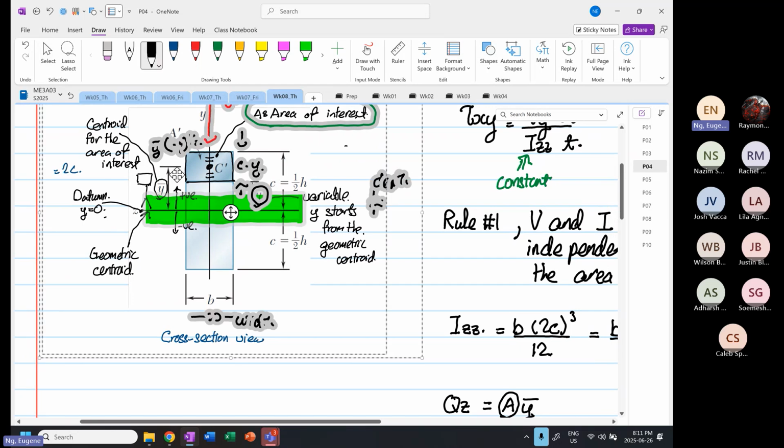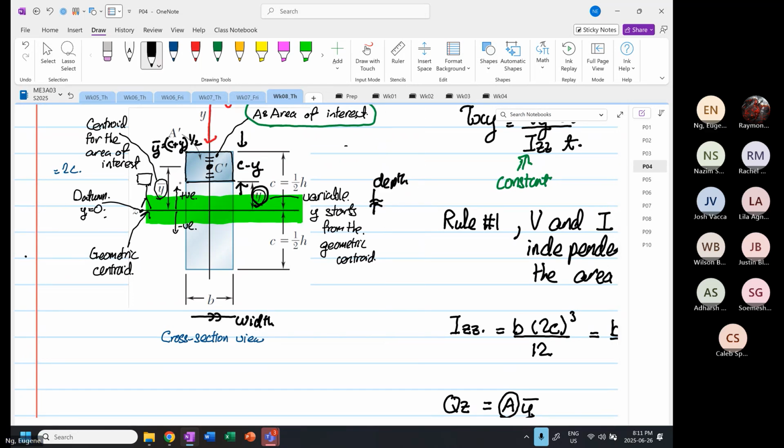If this point is 3, and at the top is 9, what is C prime, or what is our Y bar? You will say it's 6, yes or no?